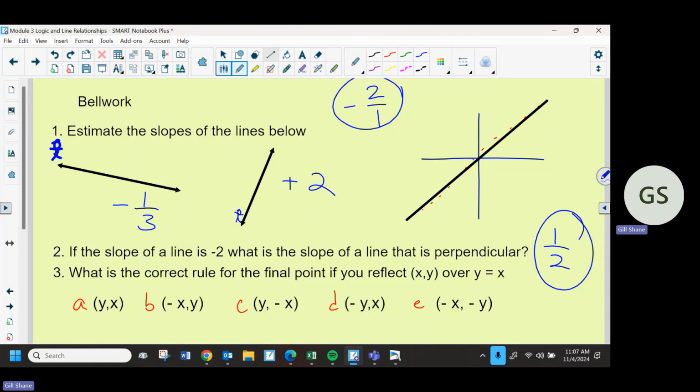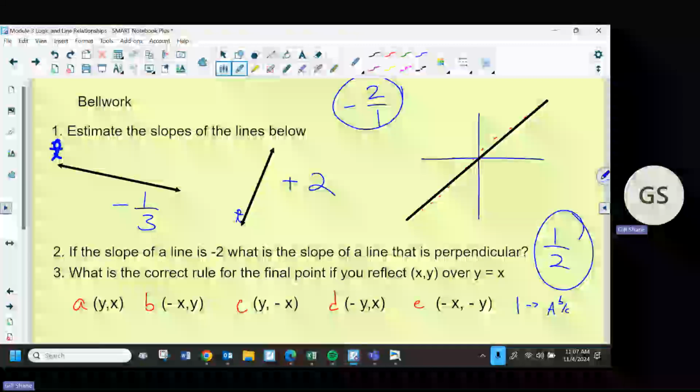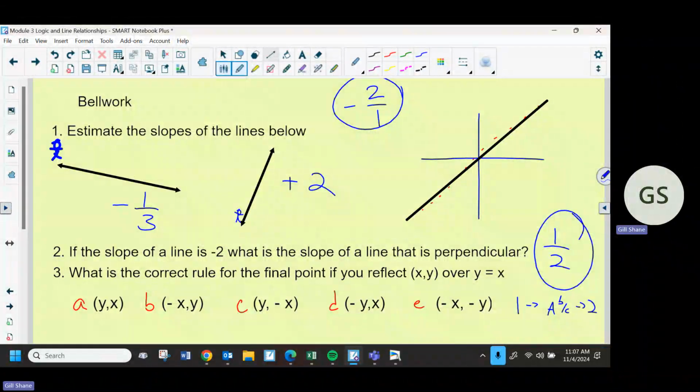-2, you don't really need to put -2 over 1 in your calculator. The way you would put this into a calculator is the number 1, then hit the ABC button, then hit the number 2, and then hit equals. So -2 times 1 ABC 2 equals, and you'll see you get -1.